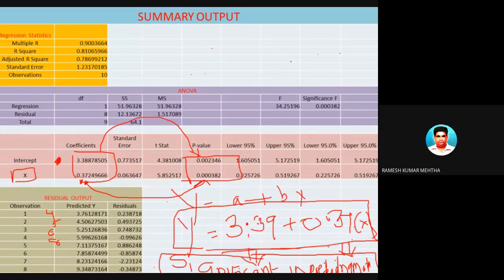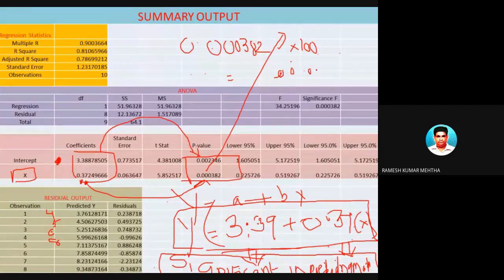Now, just multiply this figure, 0.0000382, by 100.